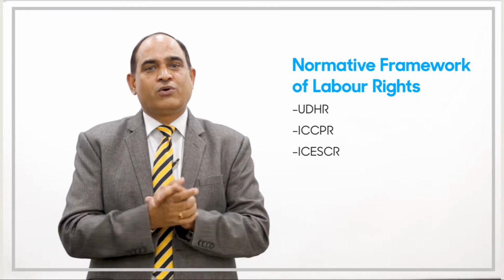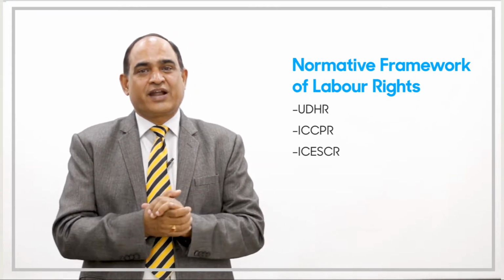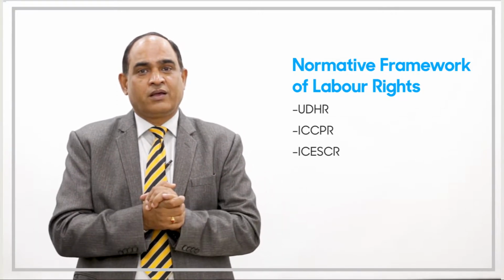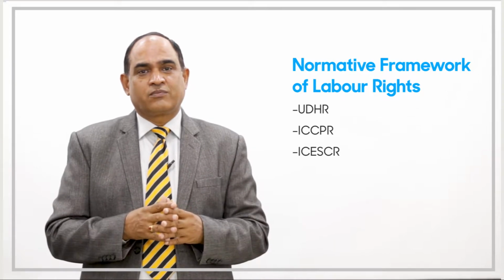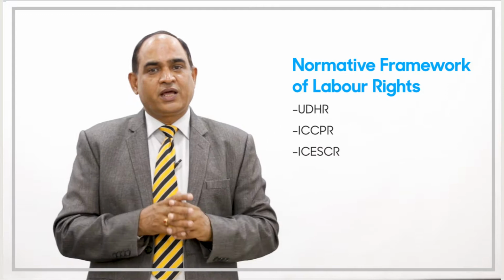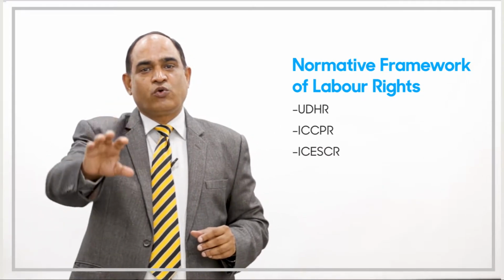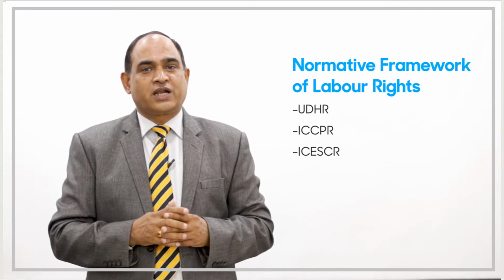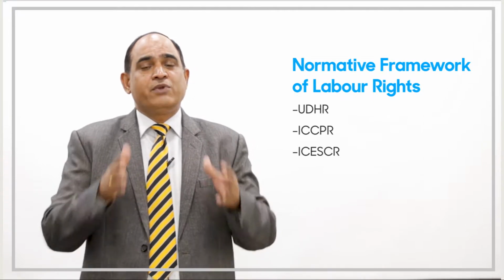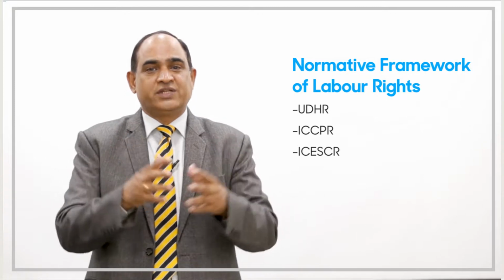It also talked about the right to rest, the right to leisure, and freedom of association. Subsequently, the International Covenant on Civil and Political Rights as well as the International Covenant on Economic, Social and Cultural Rights were adopted in the year 1966, and they came into force in 1976.